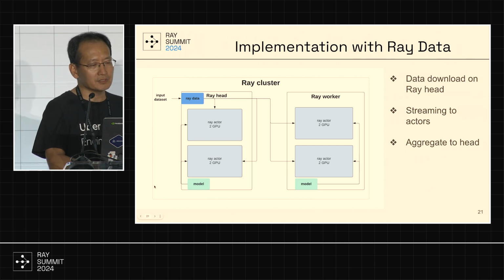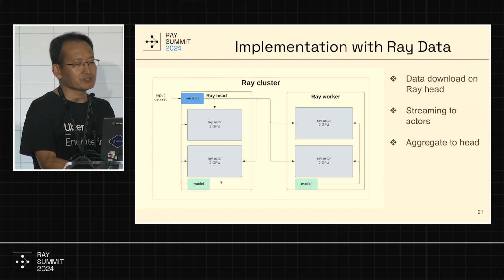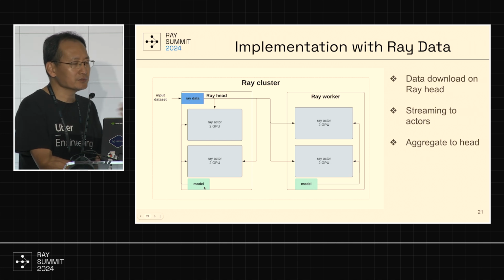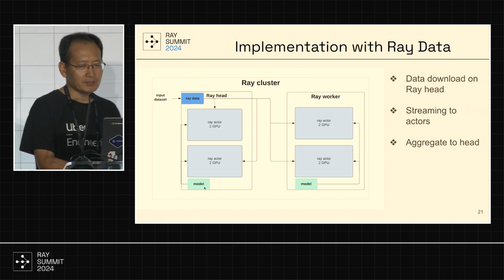So here we download the model on the same node only once, one copy. If you have multiple GPUs, they all share that one copy, so you can reduce the model download pressure.